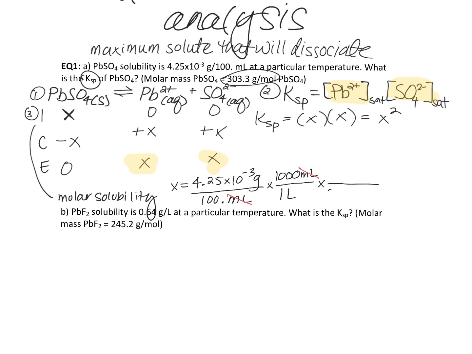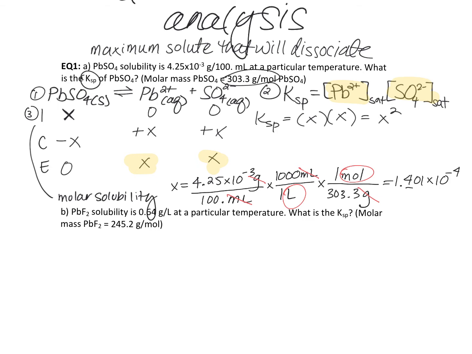So there's going to be 303.3 grams per 1 mole. And again, that would cross out our grams, so we would be left with moles per liter. So go ahead and do that calculation and press pause now, and then play when you're ready to check your answer. All right, this is your X value, 1.401 times 10 to the negative 4.